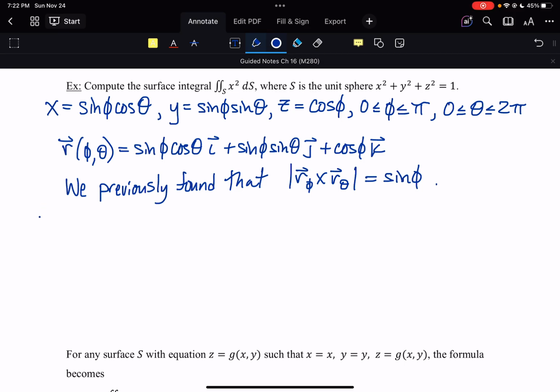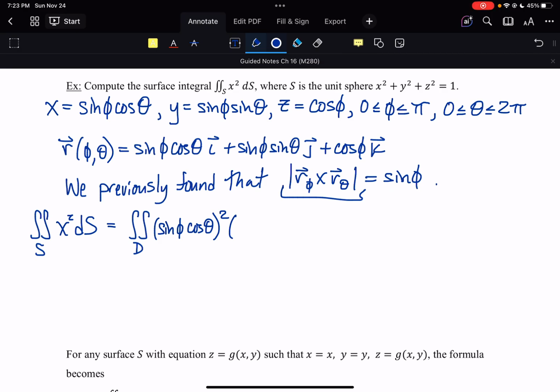So our surface integral over S of x squared dS is going to be the double integral over D of x squared, so sine phi cosine theta squared, times the magnitude of r_phi cross r_theta, which is just sine of phi, dA.